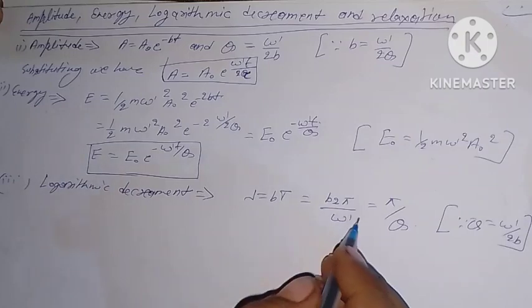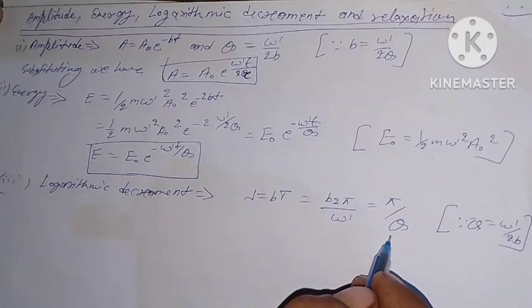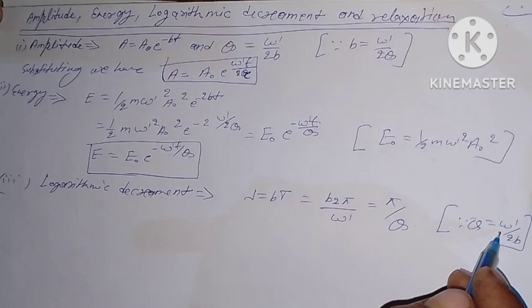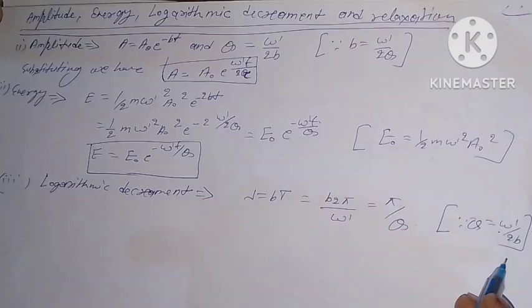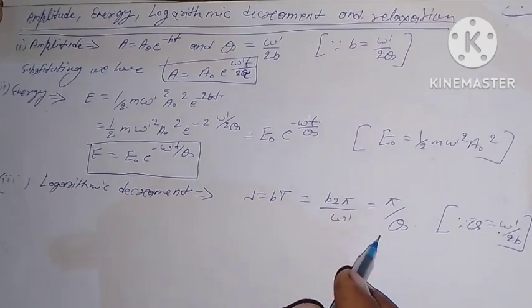That is T equal to 2 pi by omega dash, equal to pi by Q, because Q equal to omega dash upon 2b, then 2b equal to omega dash by Q. It is cancelled out and pi by Q is left.